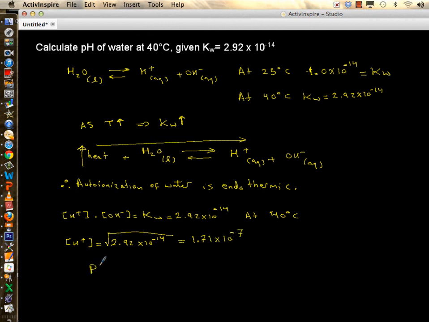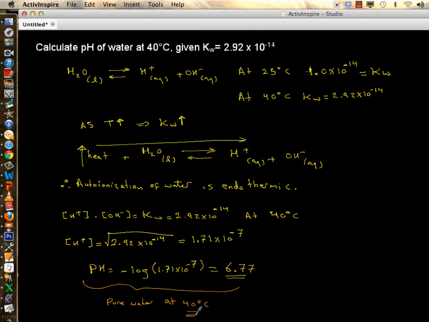So pH is negative log, P anything is negative log, of this number, 1.71 times 10 to the minus 7, and it happens to be 6.77. So the pH of pure water at 40 degrees Celsius.